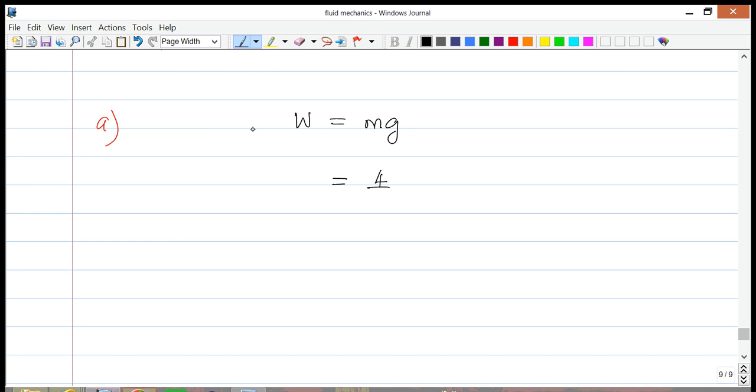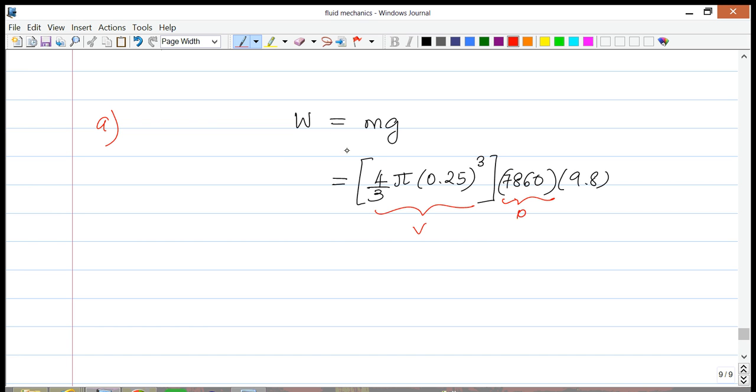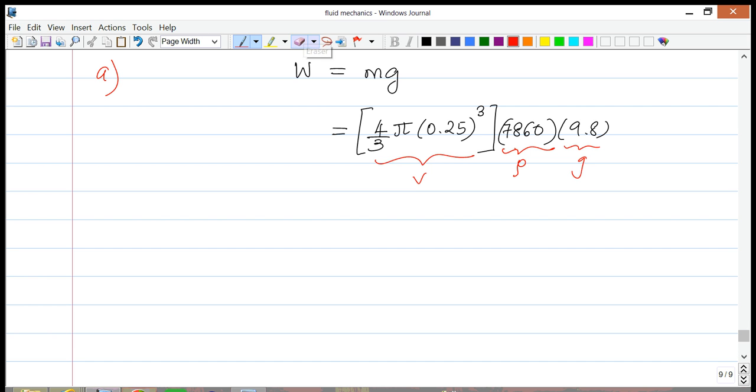So it is 4 divided by 3 times pi times r cubed, which is 0.25. It's 25 centimeters, so I have to divide that by 100, cubed. This is the volume. I have to multiply this by the density 7860, and then multiply this by 9.8. Just remember, this is the volume, this is the density, and this is g: rho v g. This is simply finding the weight of the object.